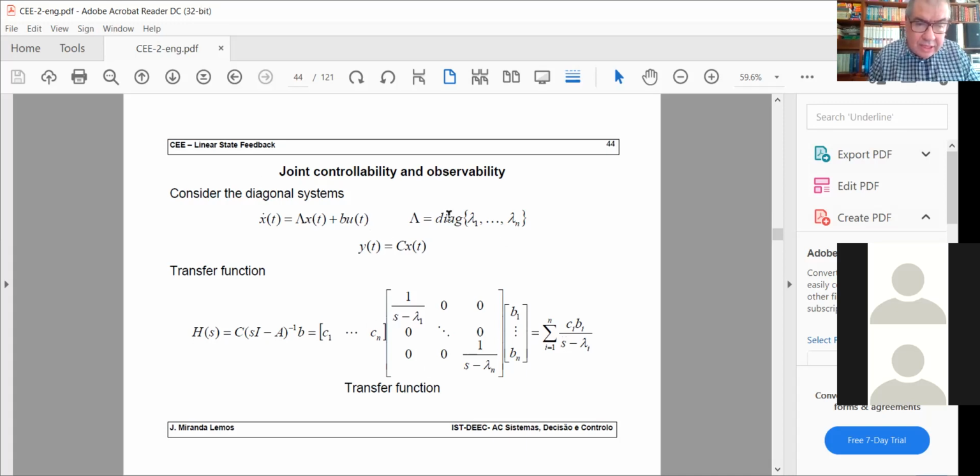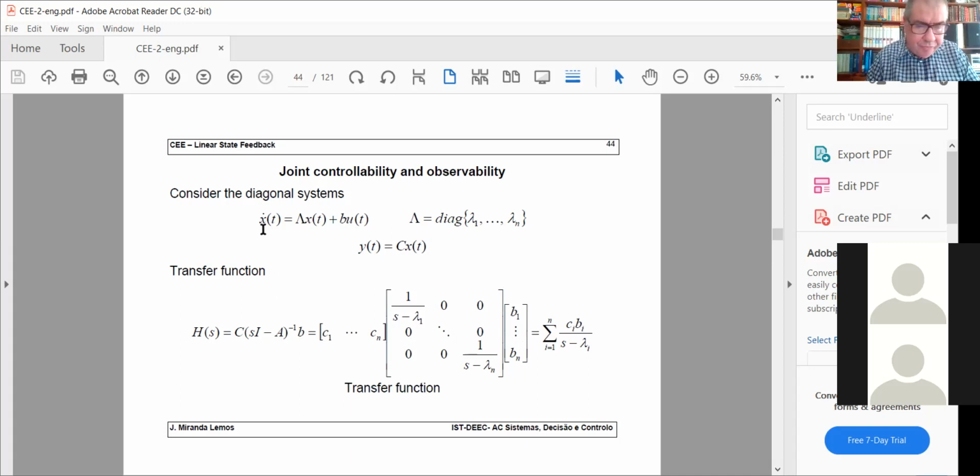Now we have shown this feature in the case of a diagonal system, but it is a general situation. You can prove in general that if you don't have any pole zero cancellation, then you will have a transfer function for which the order is equal to the dimension of the state.